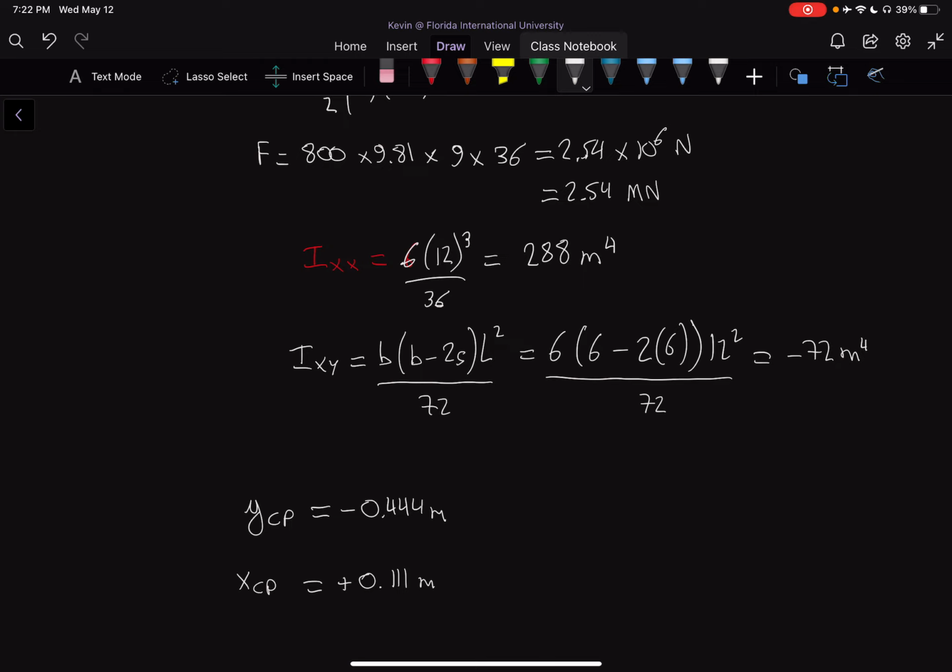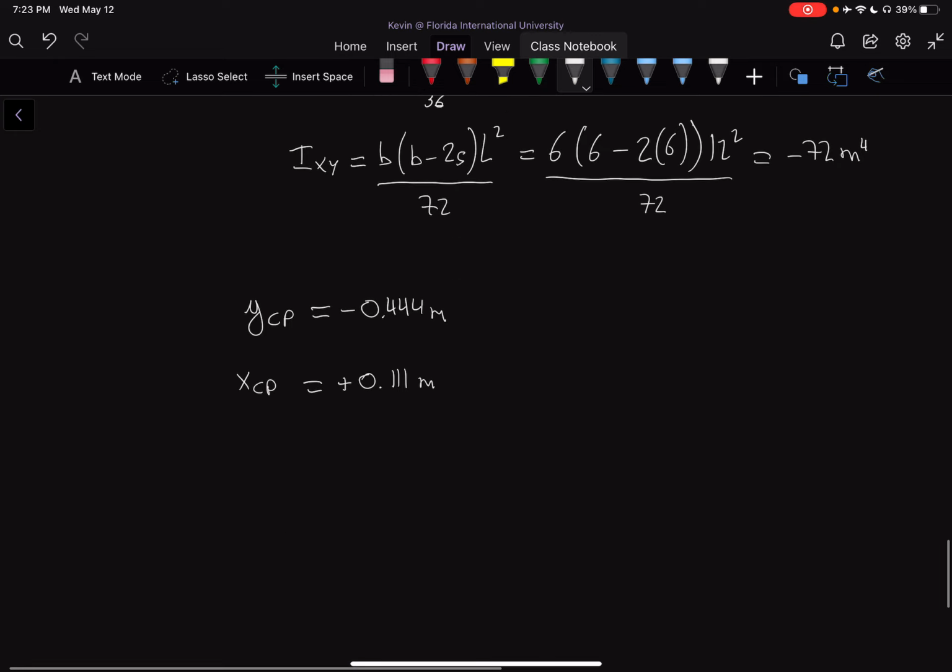That's completely fine. And we can say finally that the resultant force, the 2.54 meganewton force, acts through this point. So even though the force is measured at the center of gravity, it actually occurs through this point.